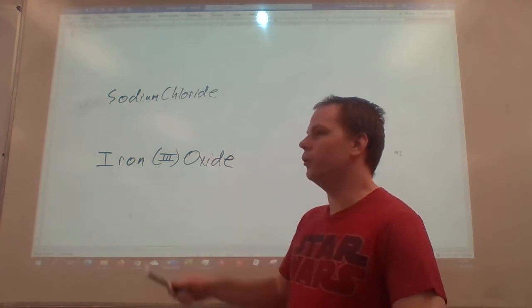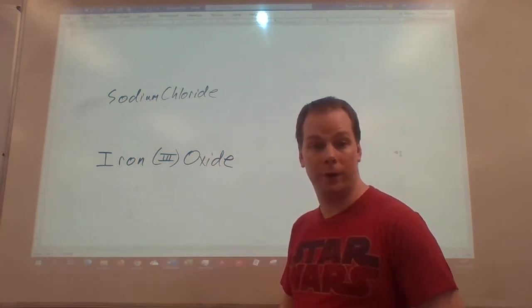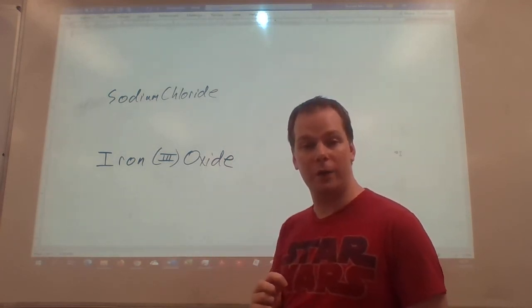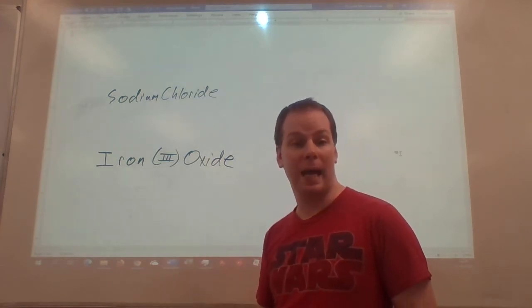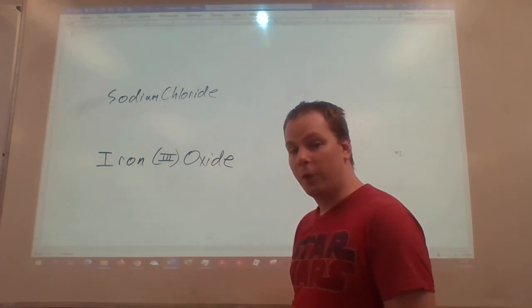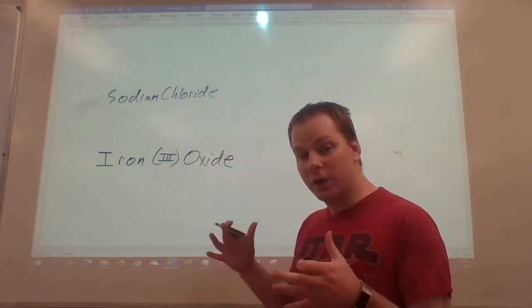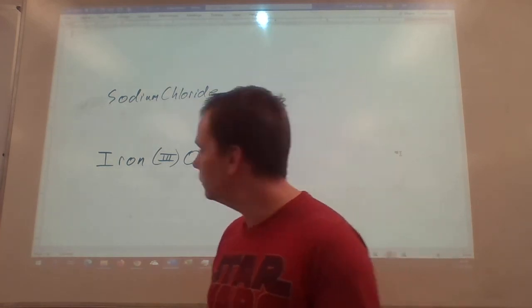The Roman numeral here is extremely important because it tells us which charge the iron actually has. So the 3, the Roman numeral, is the charge of the iron.